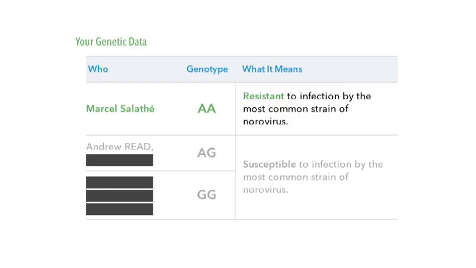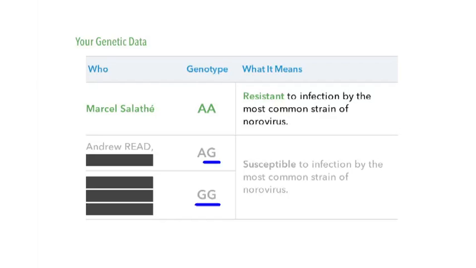2 people I'm sharing genotypes with, including my colleague and fellow course instructor Andrew Reed, have the A nucleotide on one copy and the G nucleotide on the other copy, where G stands for guanine. 3 other people with whom I'm sharing this information have the G nucleotide on both copies.